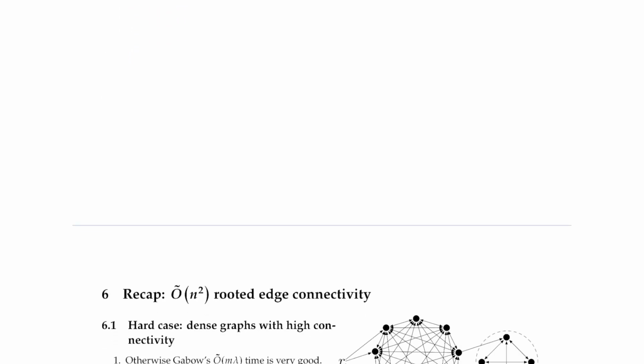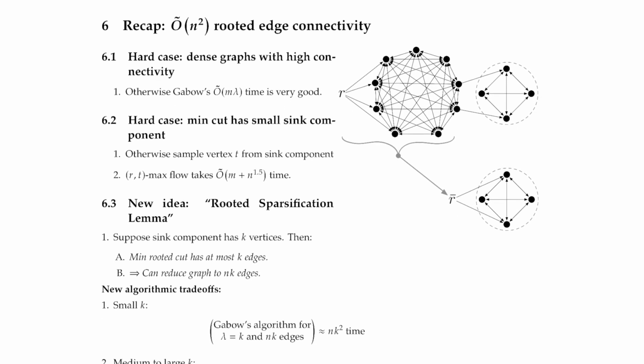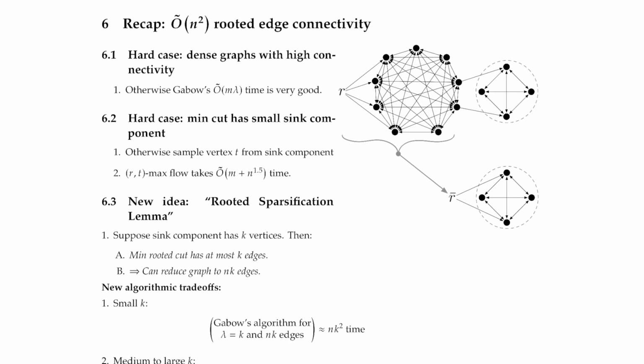Okay, so that establishes the entire connectivity algorithm. And just to recap the whole argument from beginning to end, we first identified the two hard cases. One is when the graph is very dense, it's high connectivity. Otherwise, Gabow's algorithm is very good.